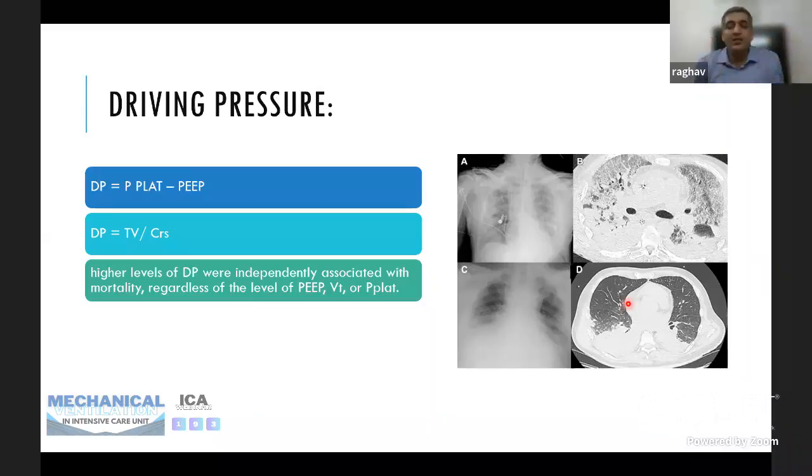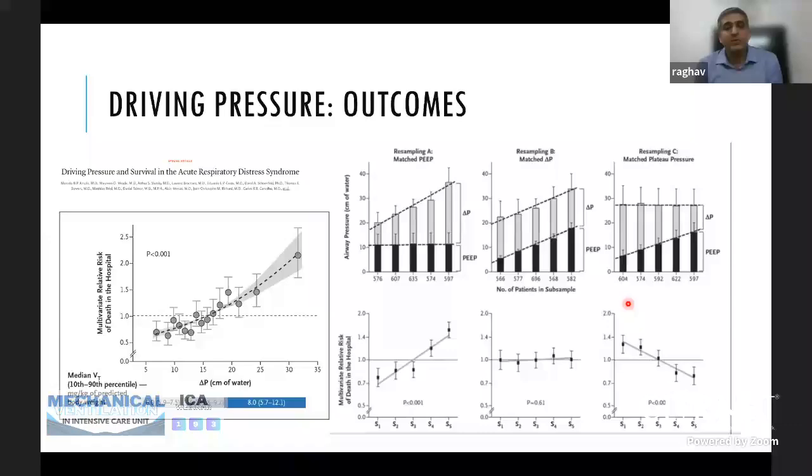So higher levels of driving pressure are independently associated with mortality regardless of the level of PEEP, tidal volume or plateau pressure. This has been beautifully explained by this study by Amato et al., published in NEJM. They show that as the driving pressure increases above 15, the mortality increases exponentially.